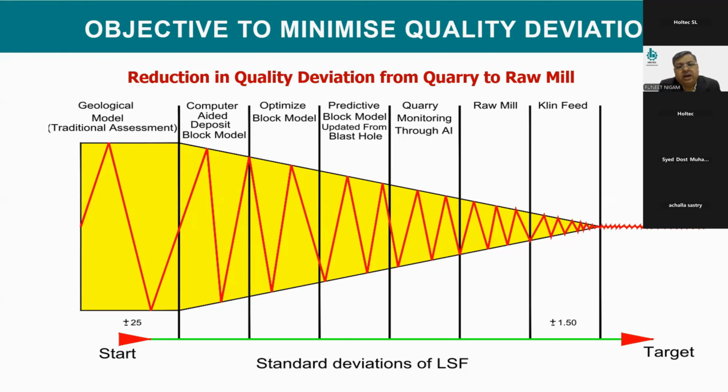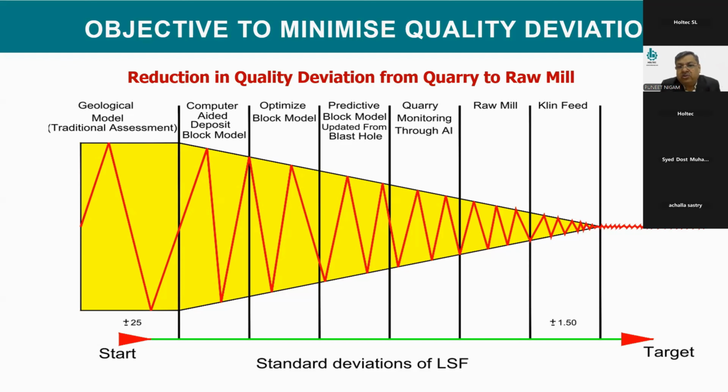Then we go for AI, because from the blast hole data to reaching the stacker, there is still variation. Whatever material is passing through the belt is being analyzed, and again it is correlated with the blast hole data, and whatever the blast quantity is, it changes through AI. So the percentage also automatically changes online as soon as the pile is forming. This percentage will be changing from face to face, and that is how we further fine tune it.